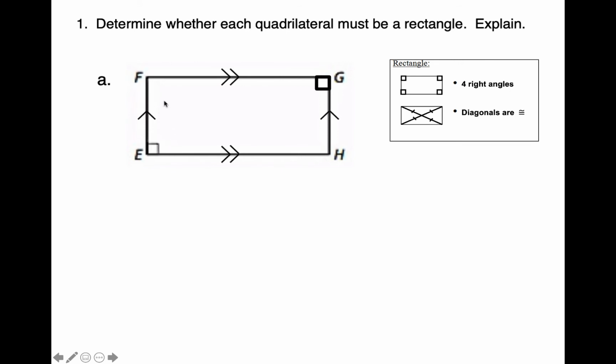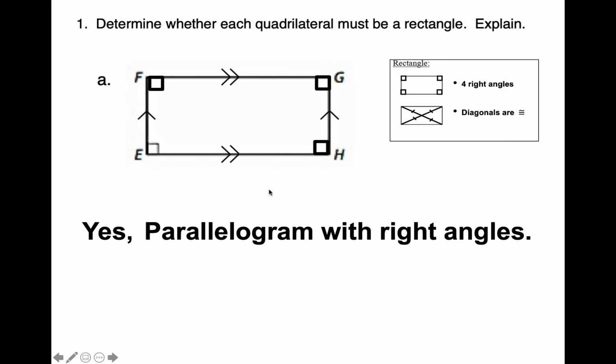So if this is 90, this has to be 90 to add to 180. And then opposite angles are congruent, so that's 90. So notice we have four right angles, therefore we can say this is a rectangle because it's a parallelogram with right angles.